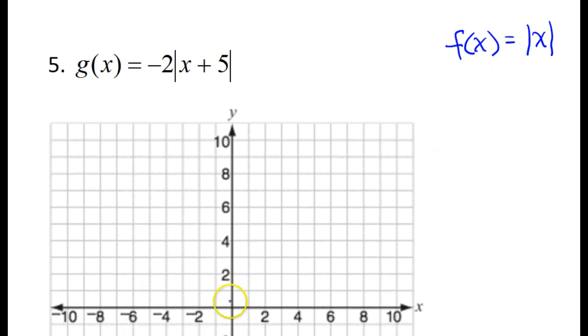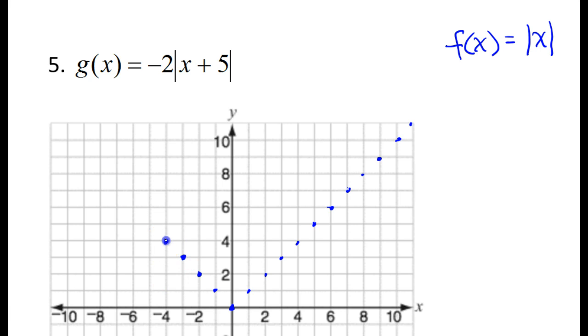So the absolute value of x is going to be a V. So it's going to be 0, 0, 1, 1, 2, 2. All right, the absolute value of 4 is 4, the absolute value of 5 is 5, and so on. But the absolute value of -1 is 1. The absolute value of -2 is 2. -3 is 3.